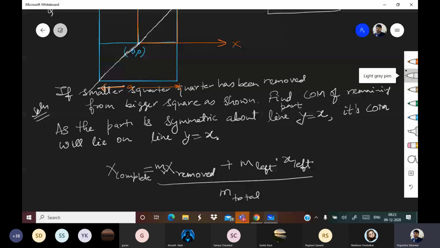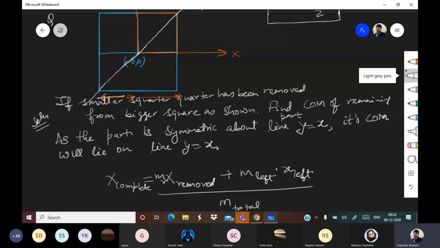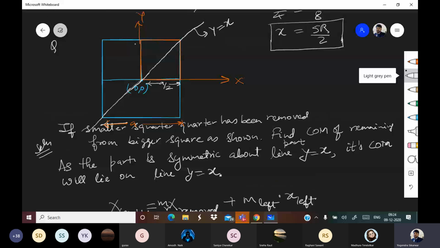Now for the removed part, this distance is a by 2 and this distance is a by 2. So the center of mass of the removed part will be at the midpoint, and that coordinate will be a by 4 and a by 4.